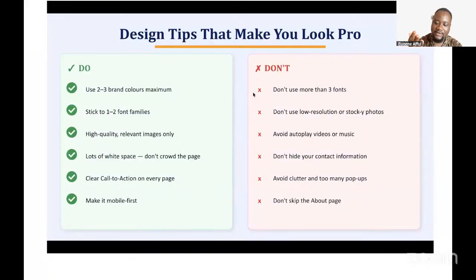In design, we have the 60-30-10 rule, where you use 60% of your primary color, the color that you want to show in your branding. Then you have your 30% secondary color, and then your accent color, which is the 10%, just a touch of that color.